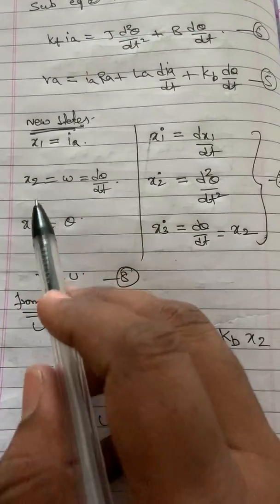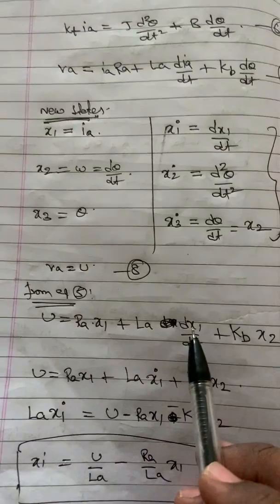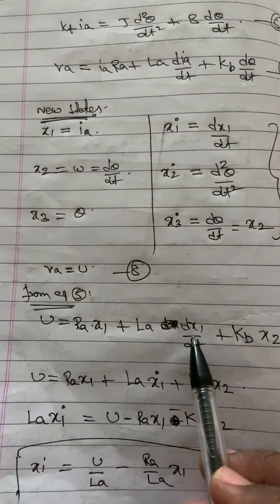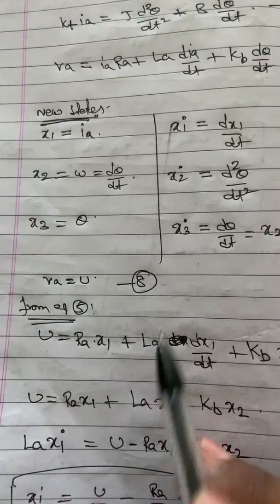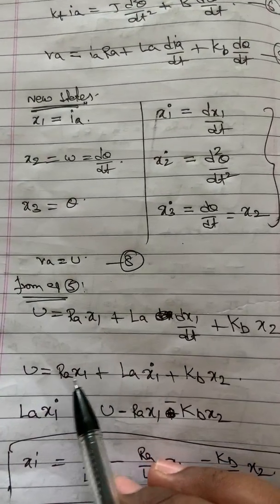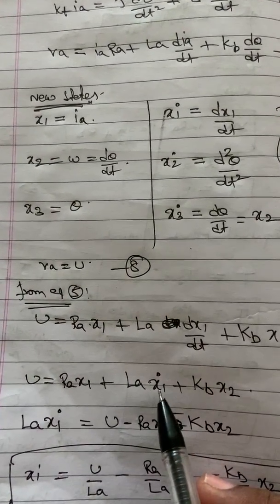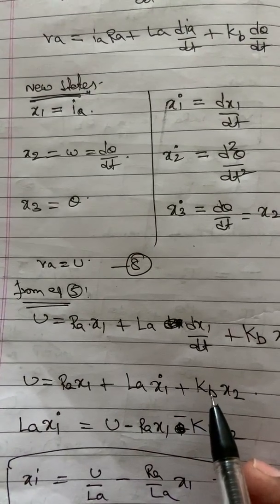Again d theta by dt is equal to x2. So here you can see dx1 by dt is written as x1 dot. Therefore U is equal to RA x1 plus LA x1 dot plus KB x2.